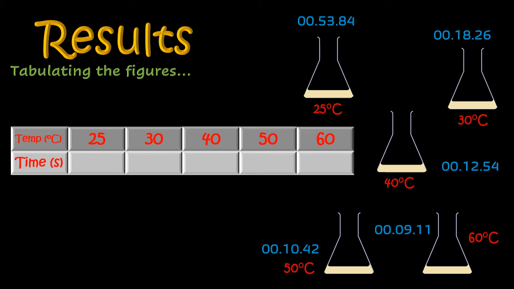It is advisable that your time readings in seconds should always be in whole numbers. So if you're to read the time taken for the magnesium ribbon to disappear when the temperature was 25 degrees Celsius, what we'll have is at 25, it was 00:53:84, but as a whole number we'll just indicate that that was 53 seconds.